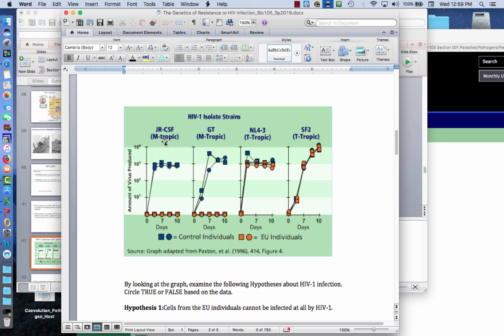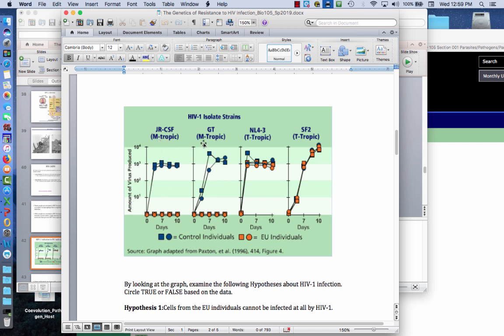If we mix the M-tropic virus, either isolate, with cells from EU individuals, you see no virus is produced. The virus number, even all the way up to 10 days past exposure, remains at 0.